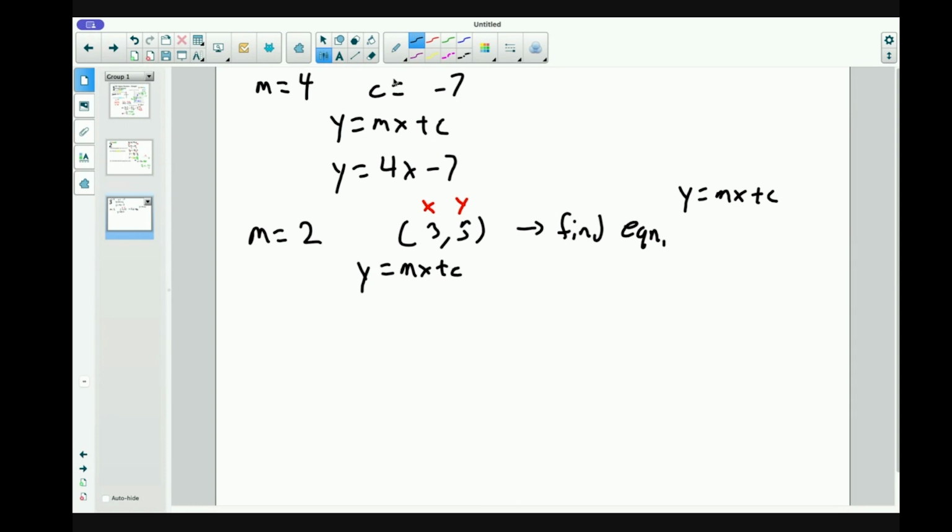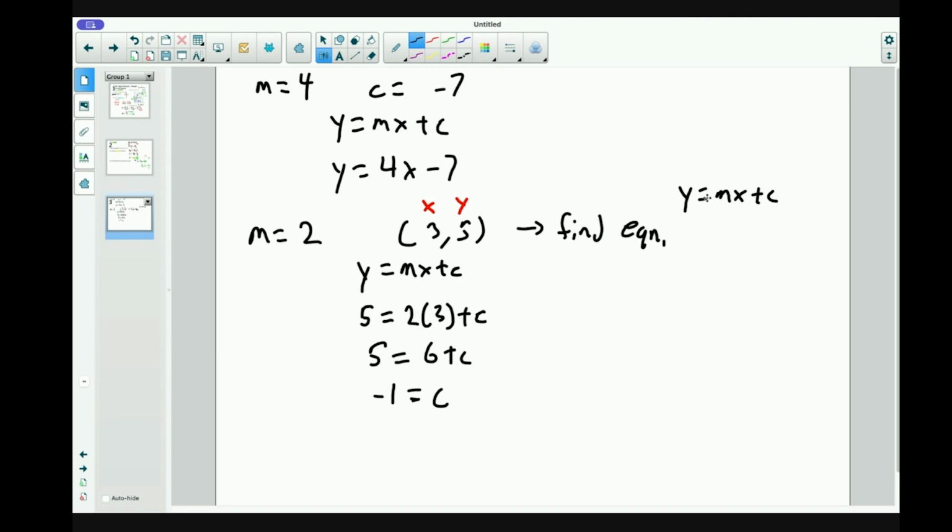And we're going to substitute in everything that we know. In this case, y is equal to 5, so I'm going to sub that in. We know that m is equal to 2, and we have our x value, which is 3. In this case, we make c the subject. So 5 is equal to 6 plus c, and subtracting 6 from both sides, we get c is equal to -1.